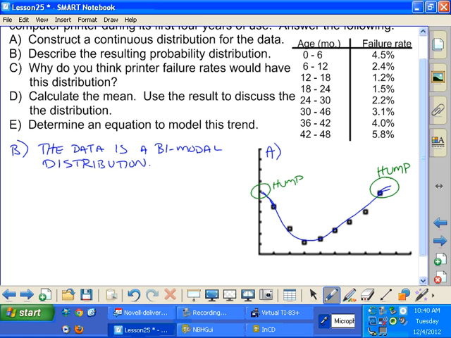So on the C part, why do you think the printer failure rate would have this distribution? Well, this is where you take a step back. There's no mathematical answer. This is real life or practical experience.